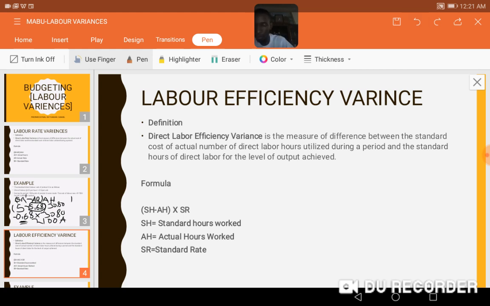Now let's try to get into a question of labor efficiency variance.